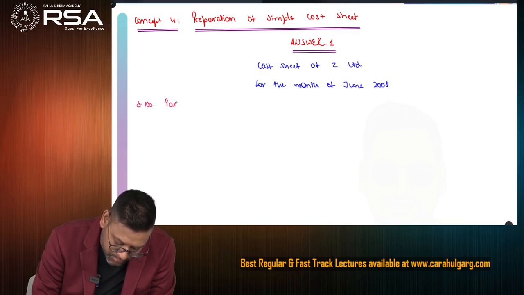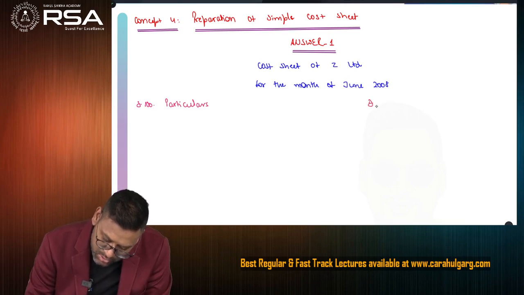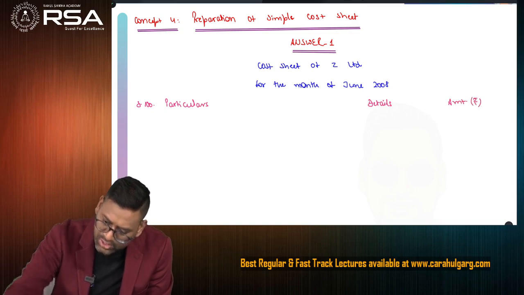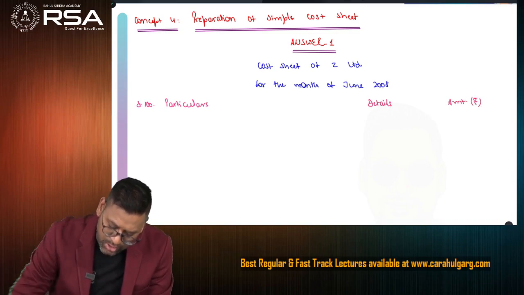Serial number, particulars. You may make a column of details, like an internal column where you may show any relevant detail. Okay. So how do we start?